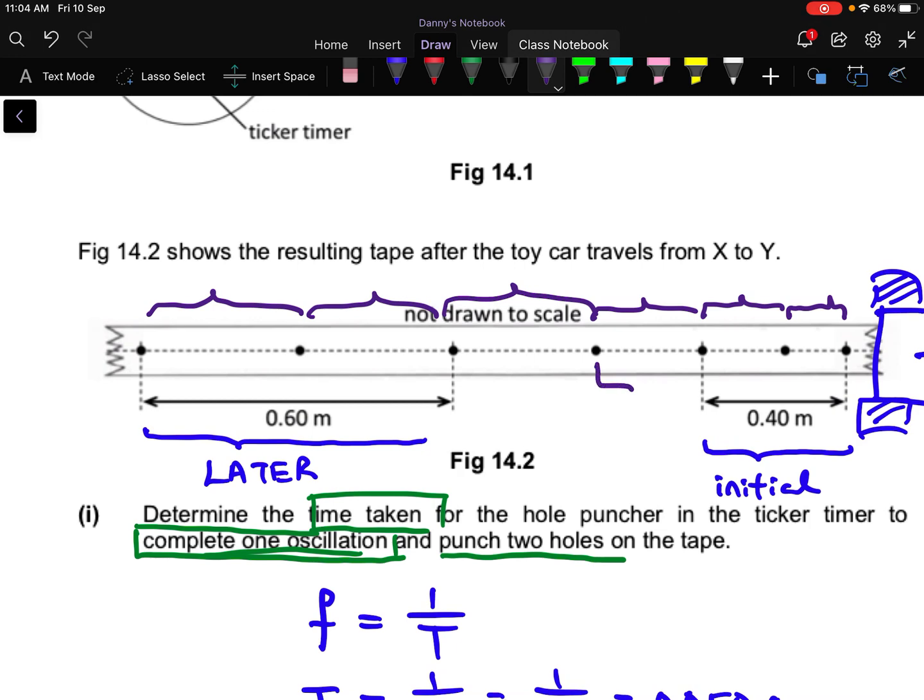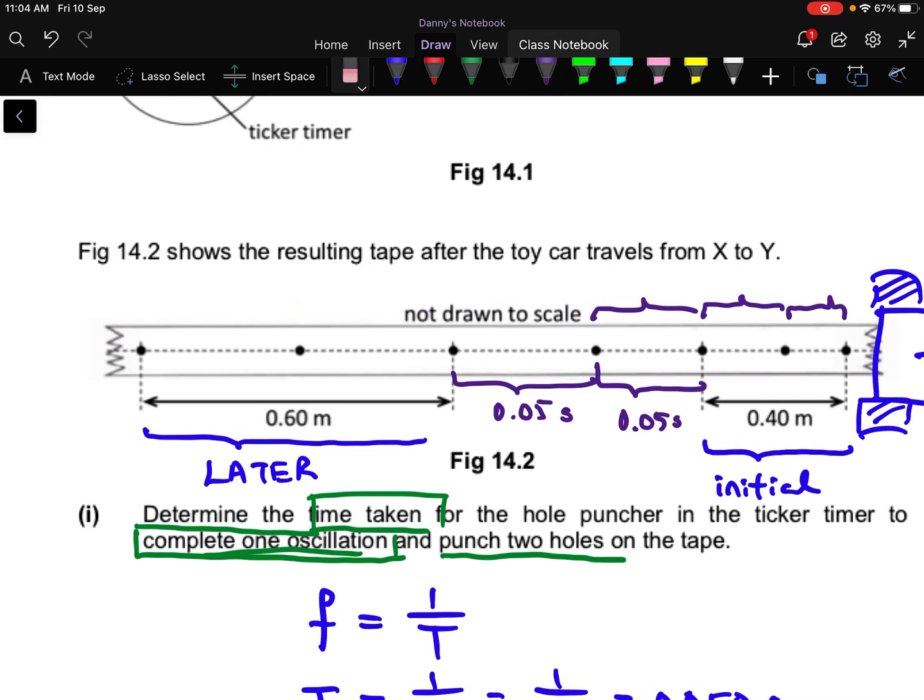This means that my car is speeding up. Because the time taken to punch two holes is fixed, it is your 0.05 seconds, right? The fact that the next hole appears further away means that my car is actually speeding up. So that's how you interpret your ticker tape.